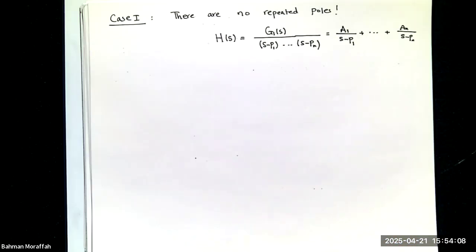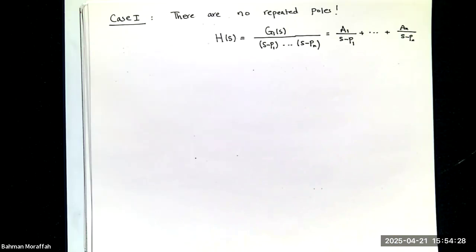Let's look at A1 and see how we can find it. The simplest way that always works is to find a common denominator. Since these two functions are exactly the same, you just equate the numerators. That is the simplest way.